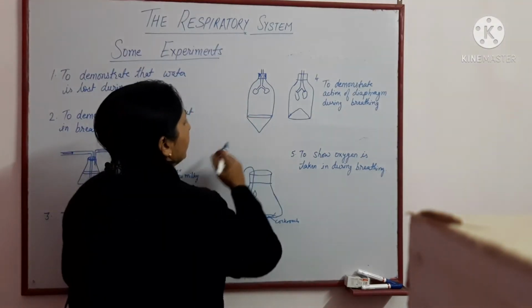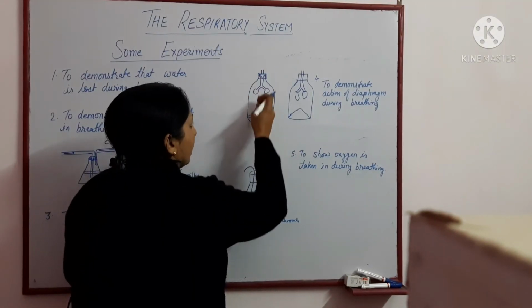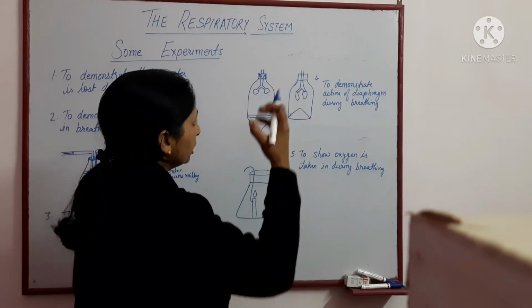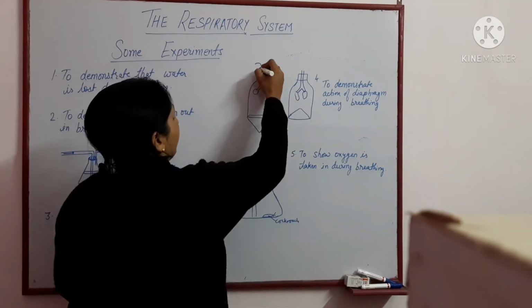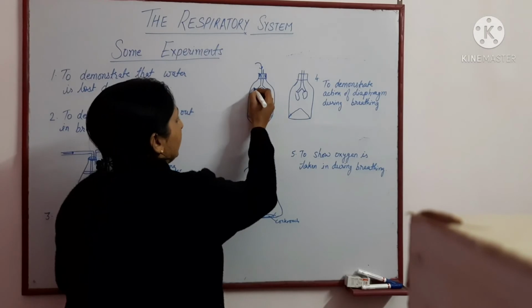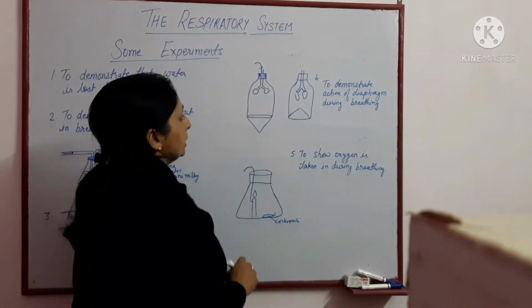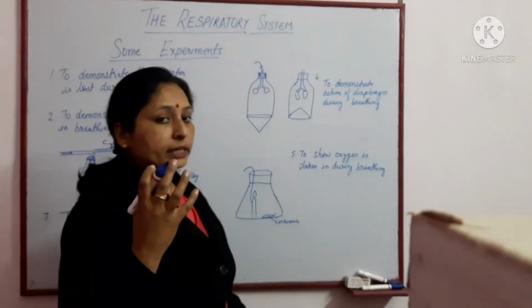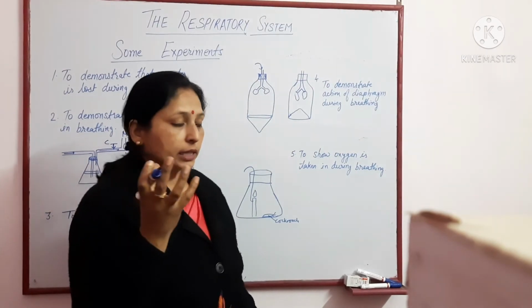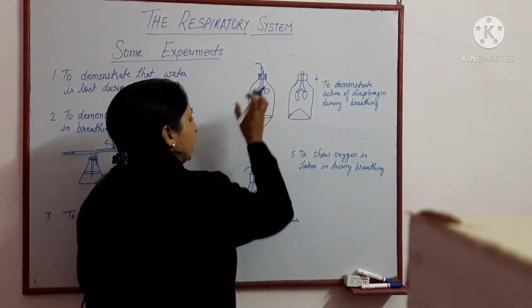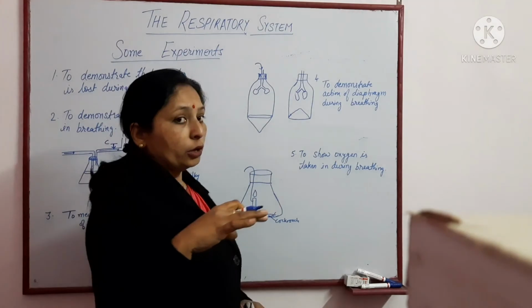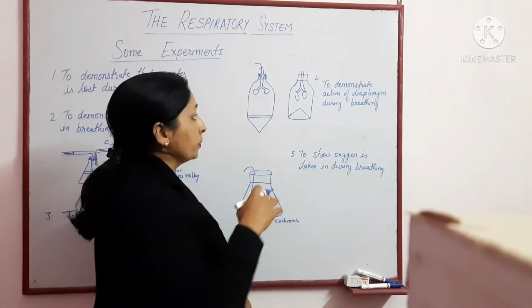So lowering of the diaphragm results in air rushing into this cavity, and hence these balloons inside the glass bottle bulge out, swell up, and get filled with air. So this shows the process of inhalation.